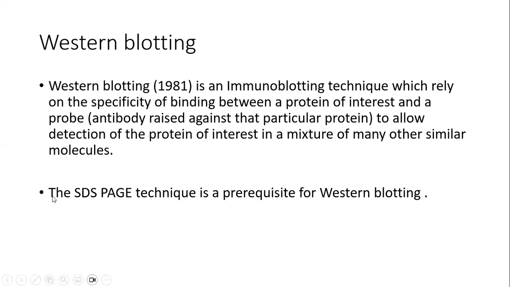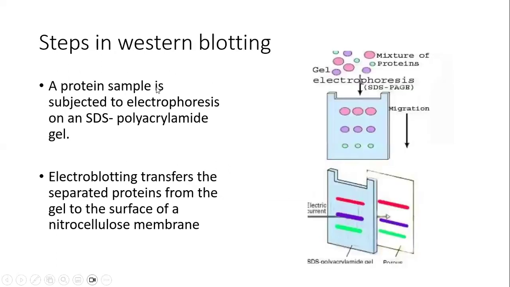Here we use SDS polyacrylamide gel electrophoresis. So here, first we do the electrophoresis for separation of the protein segments, and then again we need to do electroblotting for transferring the separated protein bands onto the membrane, such as a nitrocellulose membrane.